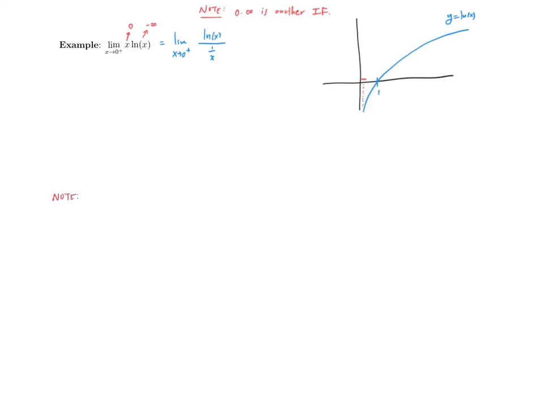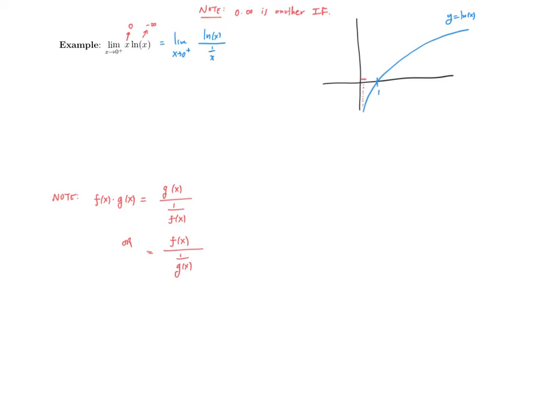So in general, if you have a function f of x times a function g of x, you can always write this as g of x divided by 1 over f of x. Or you could always write it as f of x divided by 1 over g of x. In this case, I decided to write it as ln of x over 1 over x because 1 over x seems a bit more palatable than 1 over the natural log of x.